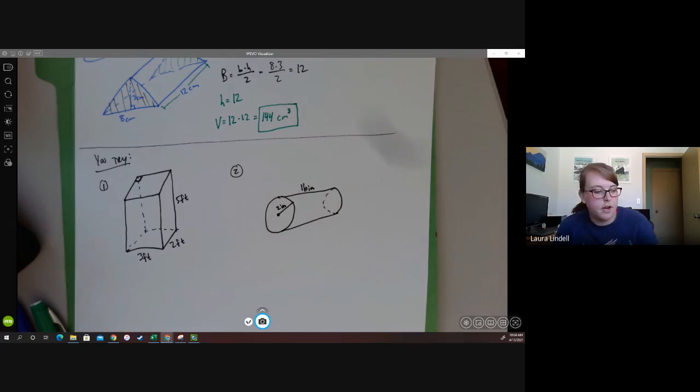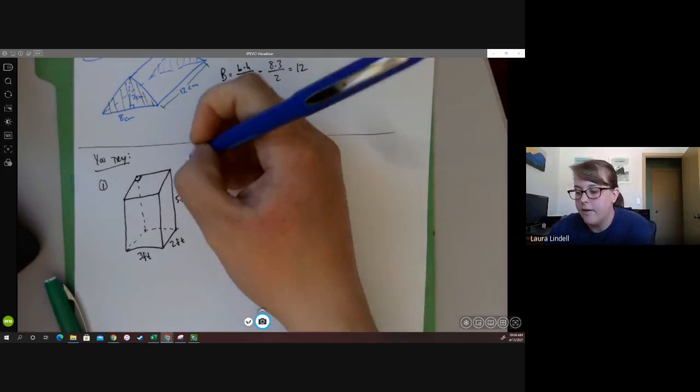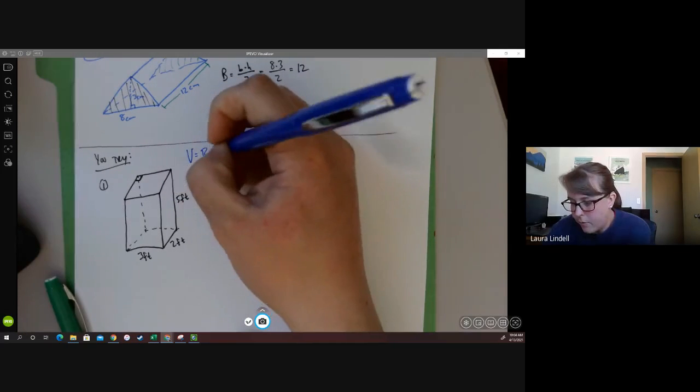All right, Caleb's got it. Speedy. All right, for both of these, volume is area of the base times the height.